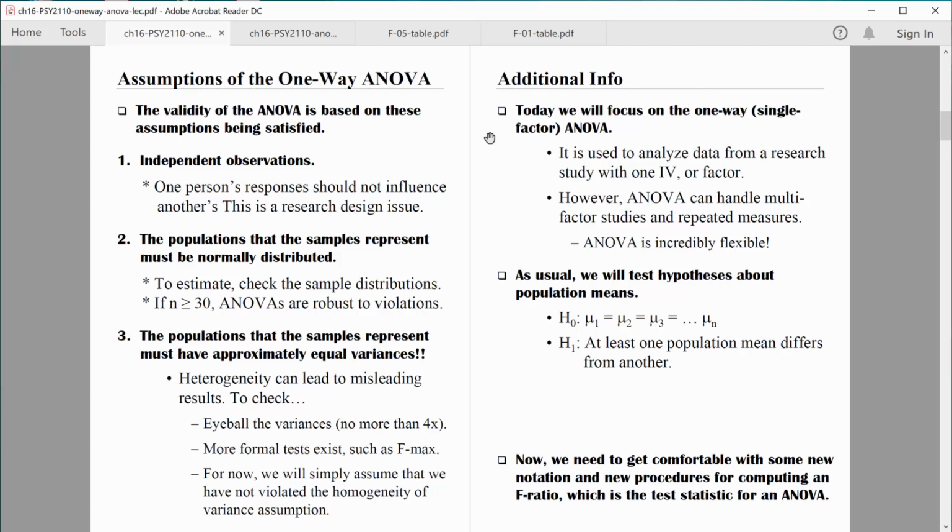And the political parties were divided into 3 groups. So that's just one single factor, one grouping variable, political party. But within that grouping variable, we've got Democrats, Republicans, and independents. But try to see behind that. Even though we have 3 groups, it really just comes from one variable, political party.